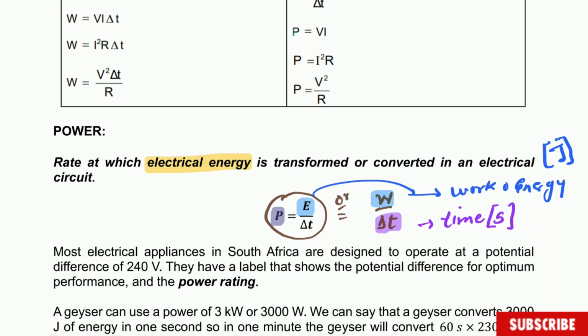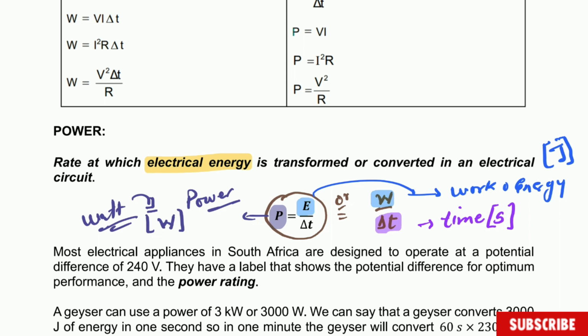And finally, the P is the symbol for power. This one is power, and the unit is the watt. Be careful with the unit here. This one is a watt. Okay, it's the unit for power. Well, guys, this is just the definition of power and the formula. It is not new for us.